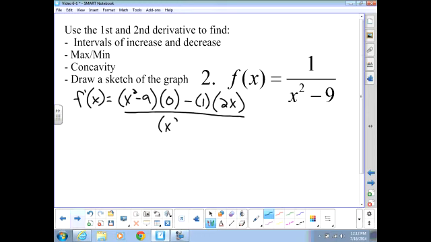So the bottom squared. This will end up equaling negative 2x over x squared minus 9 squared.